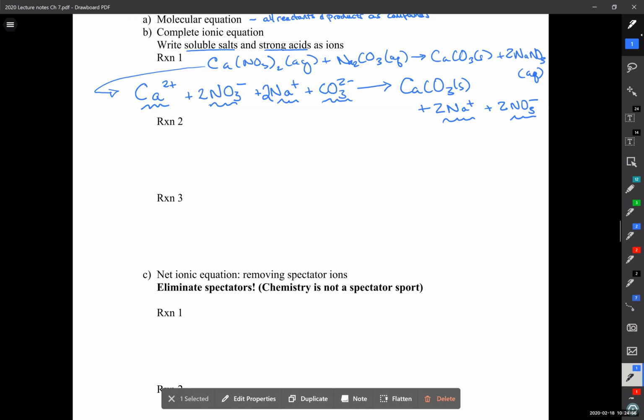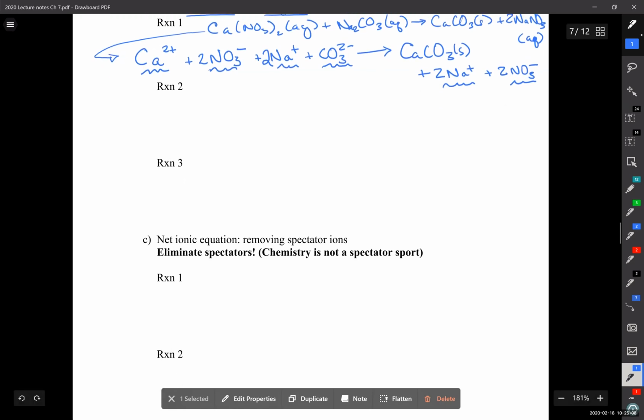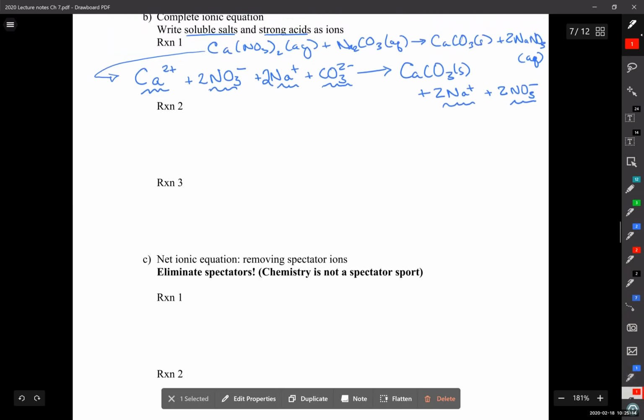Unless you're playing, you're a spectator, right? You're just sitting there watching. You're not actually participating in what's going on in the game other than yelling and screaming. So this is what you do in a net ionic equation: you get rid of all the spectators, okay?